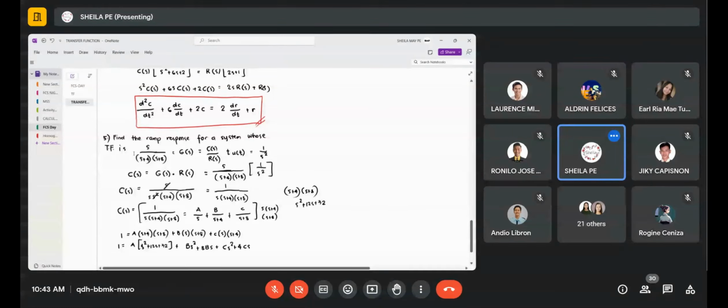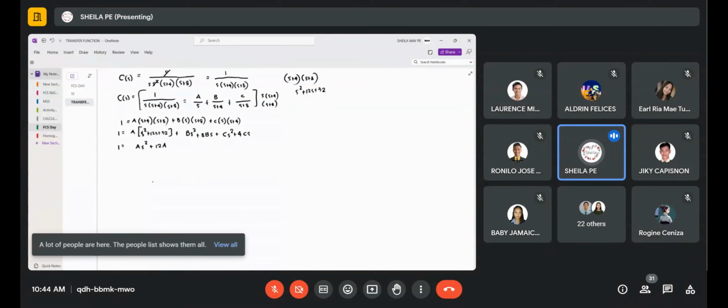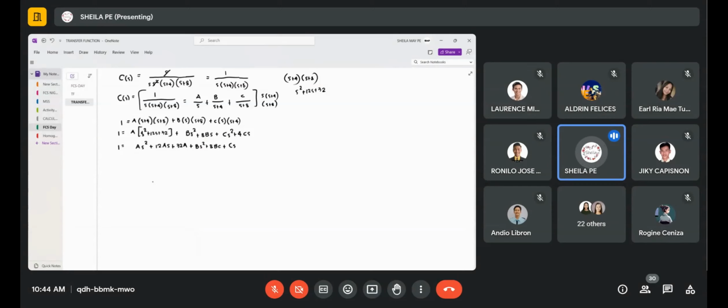Okay, distributing, that's 1 equals as squared plus 12as plus 32a plus bs squared plus 8bs plus cs squared plus 4cs.